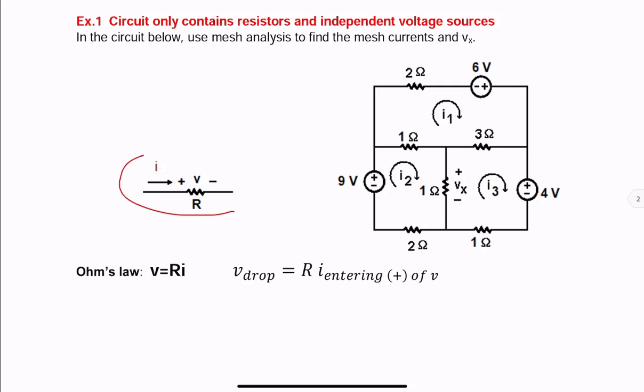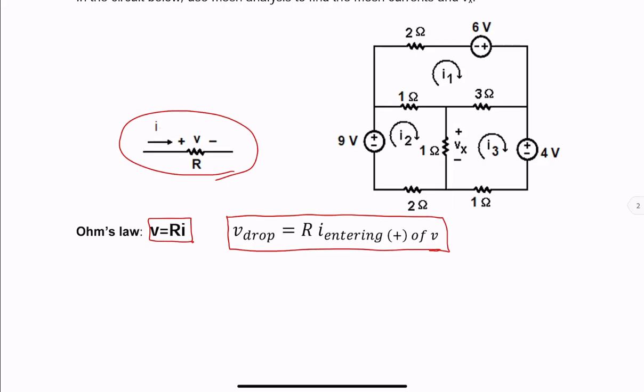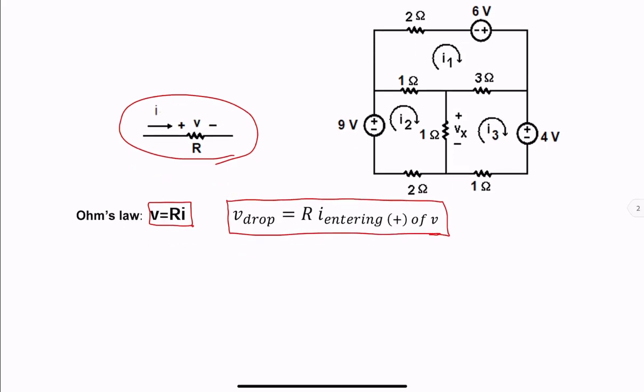So for a resistor, current entering positive reference of the voltage results in Ohm's law V equal to Ri, and that really means voltage drop across the resistor is resistance times current entering positive voltage reference of V.